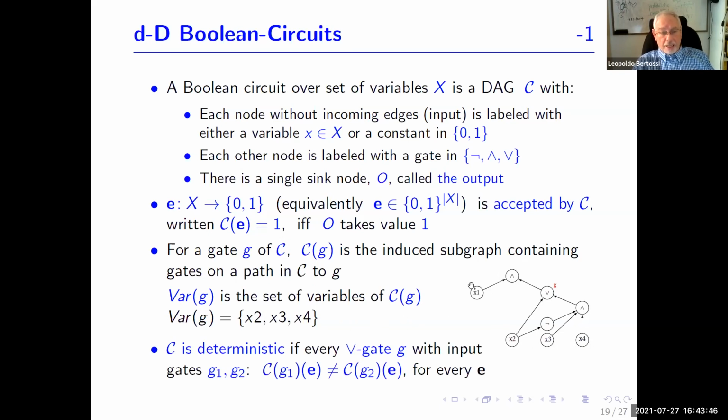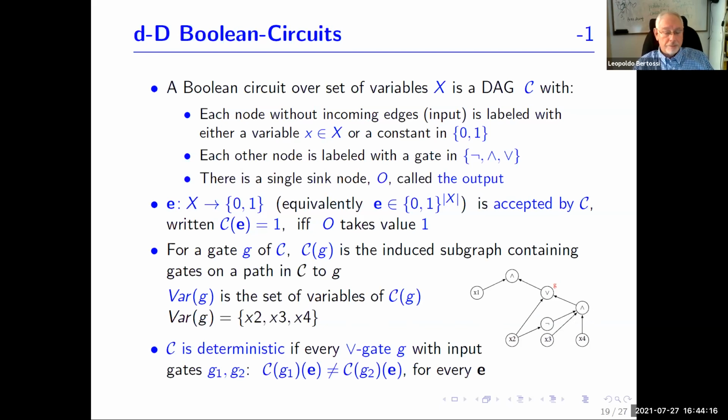Now, a circuit is deterministic if for every OR gate, like the one we have here, with input gates G1 and G2, this is G1 in this case, X2, and this is G2, the values for this one and this one are different for every possible E. It is very easy to see in this example that for every possible entity, the X2 and the AND here always take a different value.